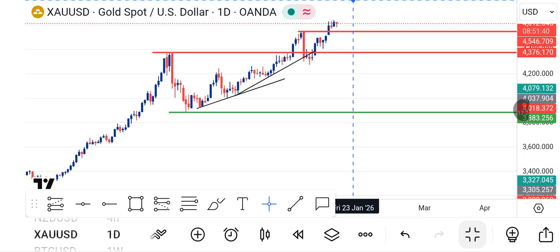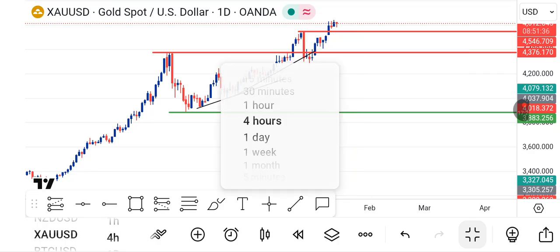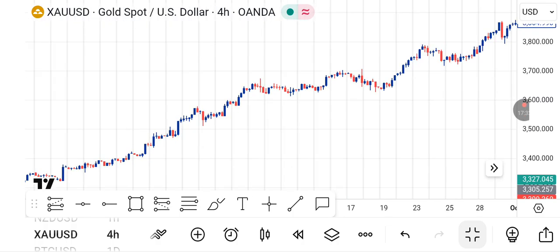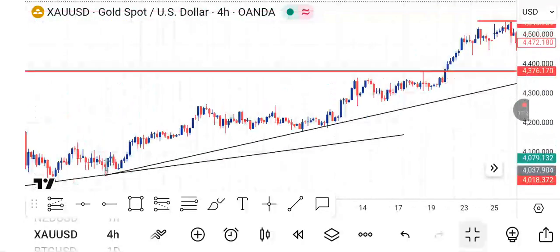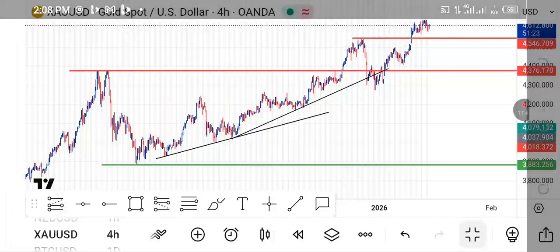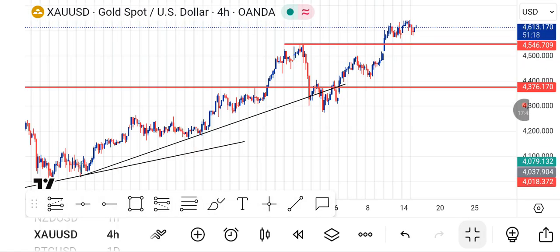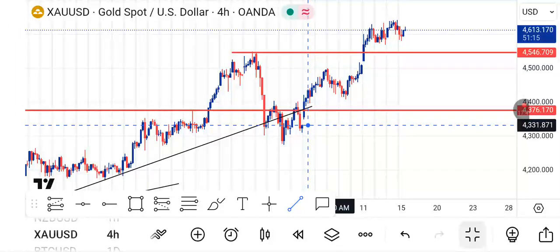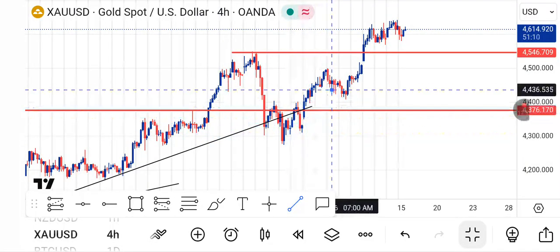So now, let me go down to a lower time frame to do further analysis on that area. You see how it moves? It moves in a very slant manner.